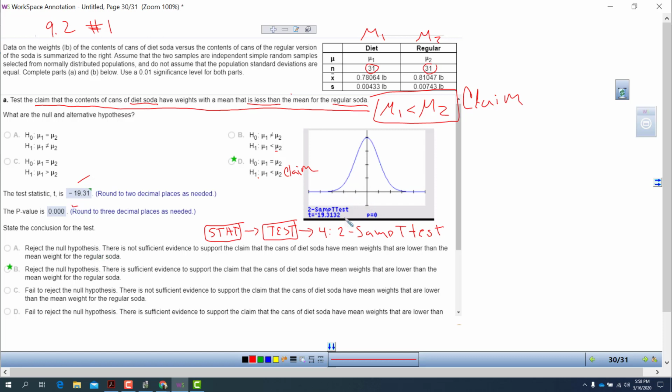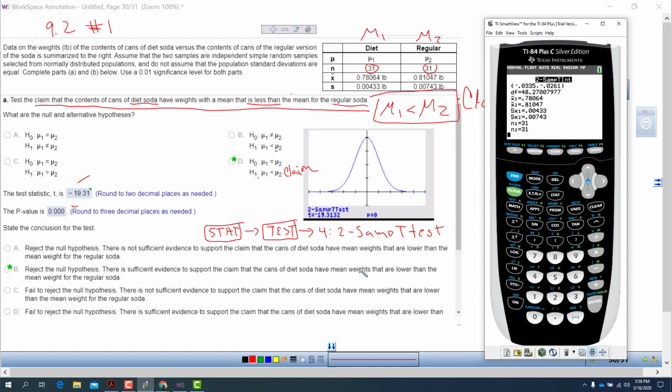To obtain this on the calculator screen, you go to stat, then test, to the right side with the arrow, and number 4 says two sample t-test, number 4. And you have to enter all this data. Mean 1 is this, mean 2, that's the sample mean. Remember, this means sample mean and this population mean.